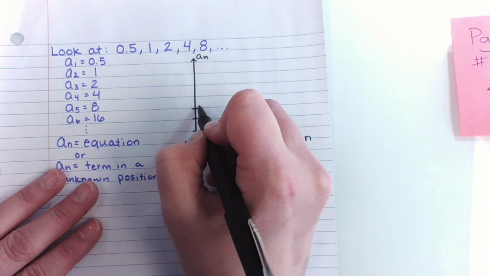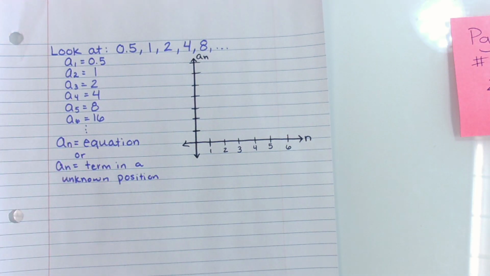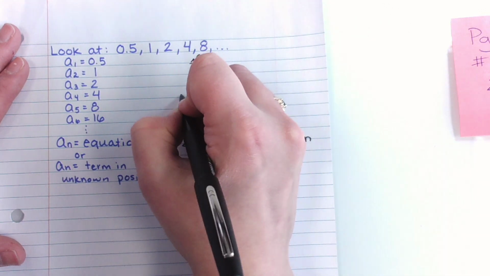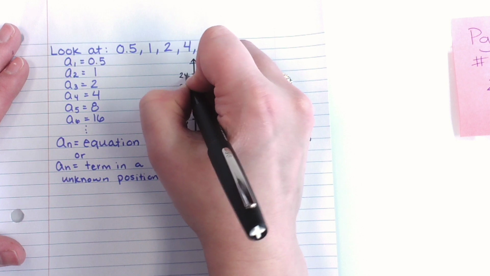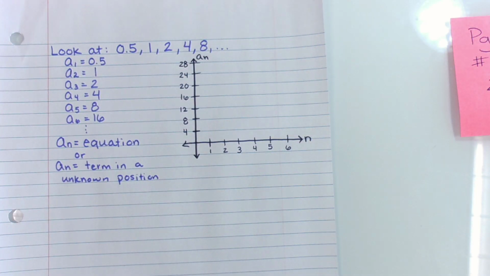My a sub n axis, I can go by whatever scale is necessary to get me to the numbers I need. I'm going to count by 4s again. Ooh, that wasn't quite enough. Yeah, it's okay. It'll do.